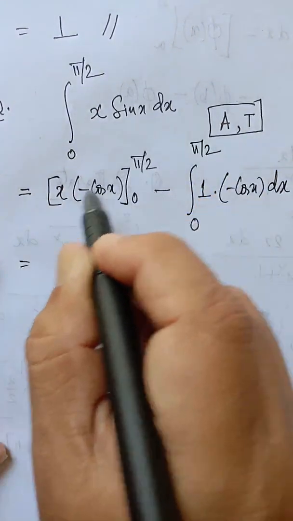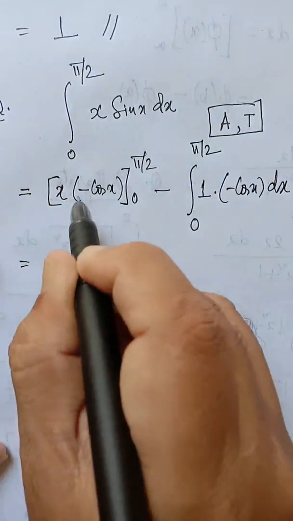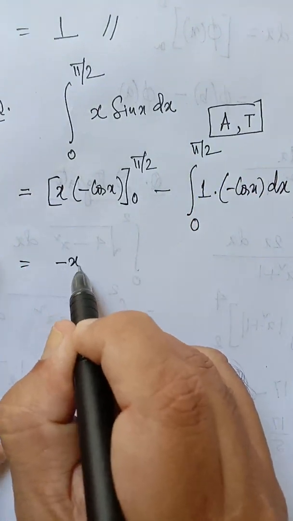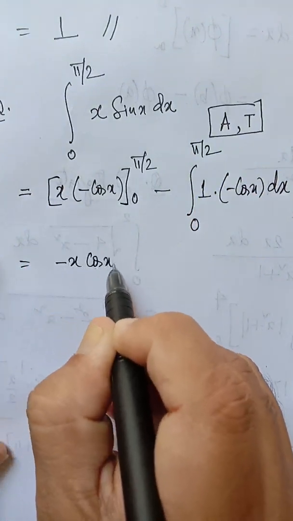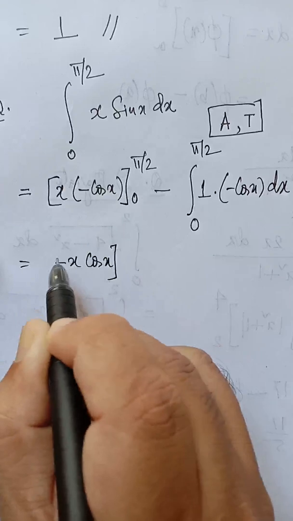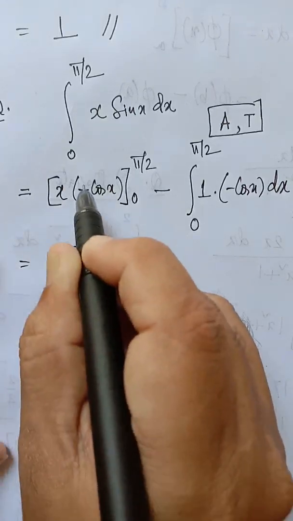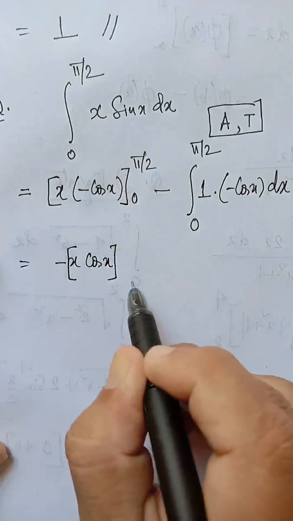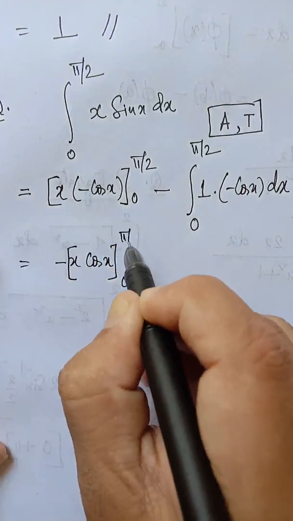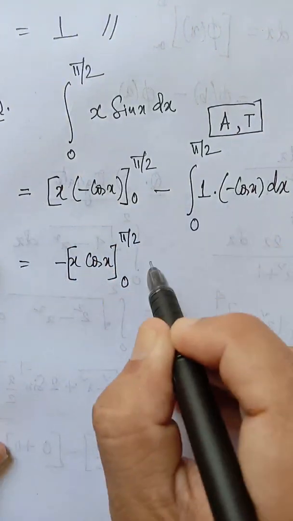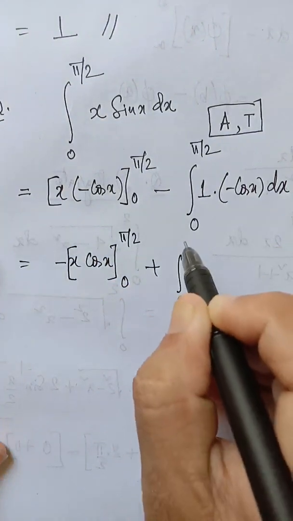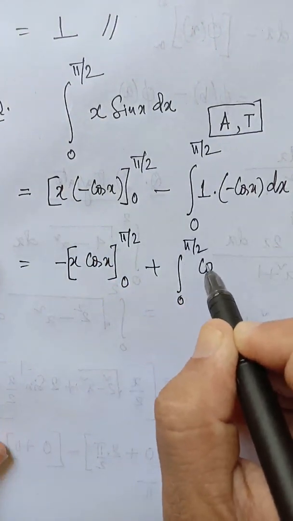This is actually minus of x cos x, let me write it this way, we can write a minus sign outside the bracket, minus of x cos x, 0 to pi by 2, minus minus plus, 0 to pi by 2 integration of cos x dx.